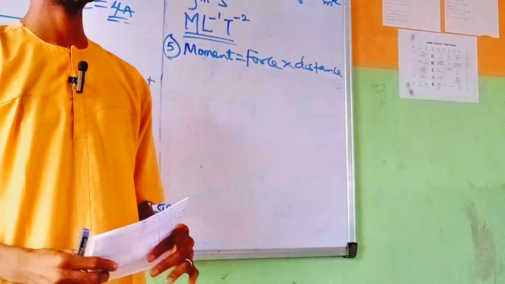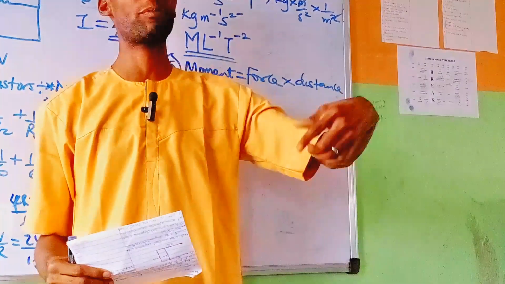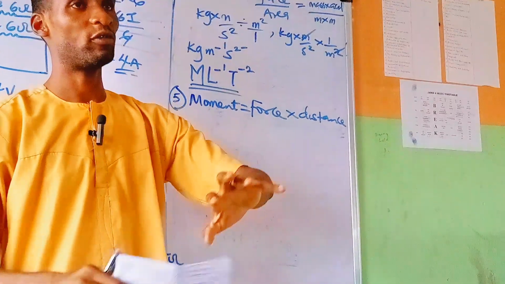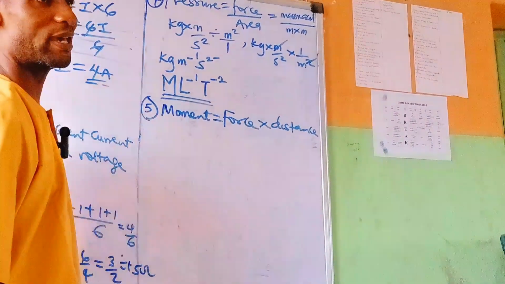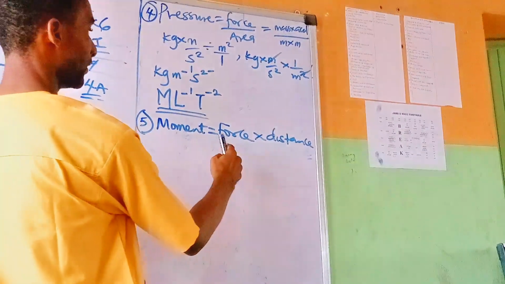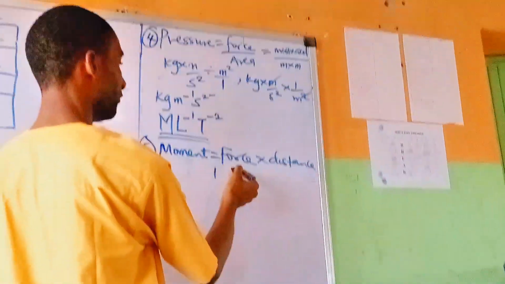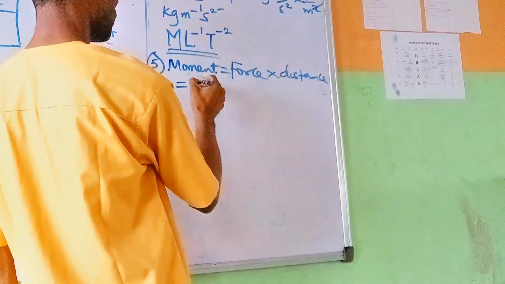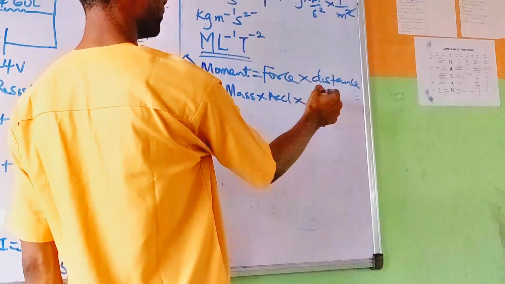So moment of force is the product of force and the perpendicular distance from the point of application of that force about a point. If that is the case, the formula for force is mass times acceleration. So you have mass times acceleration times distance.